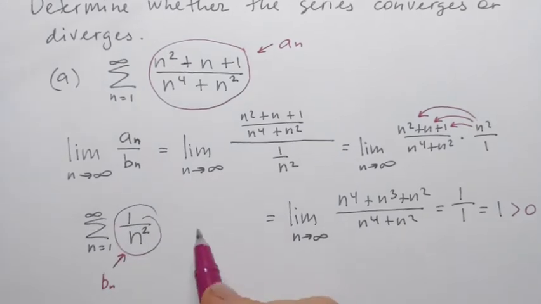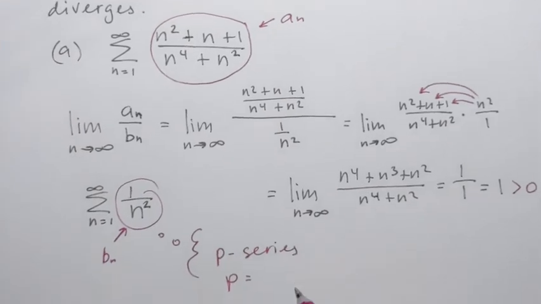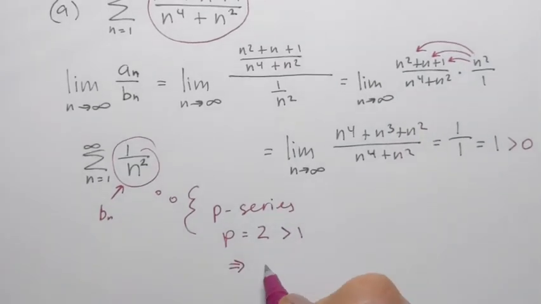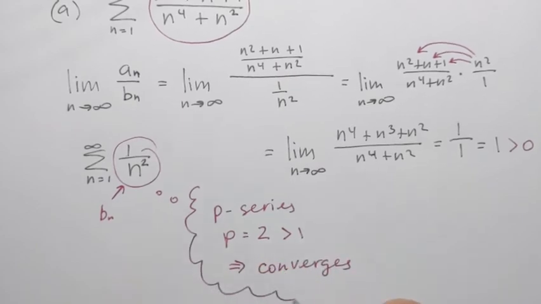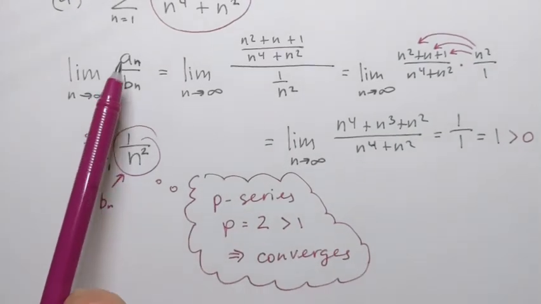It's a p-series with p equals 2, and we know whenever the power is greater than 1, the series is convergent. So it converges. Since this series converges, our series converges as well.